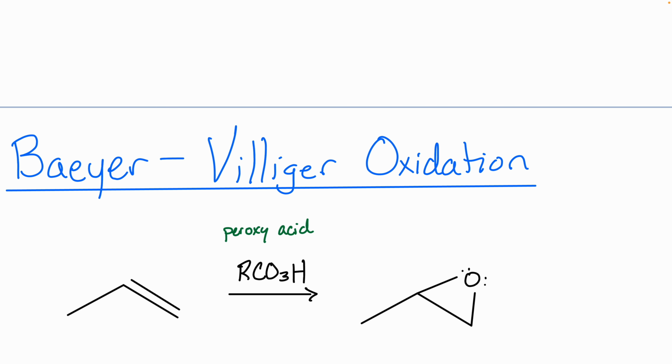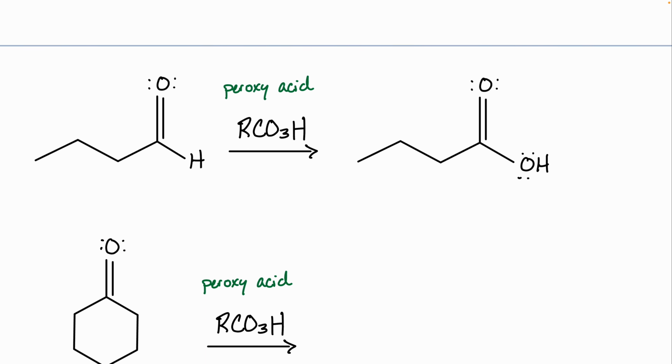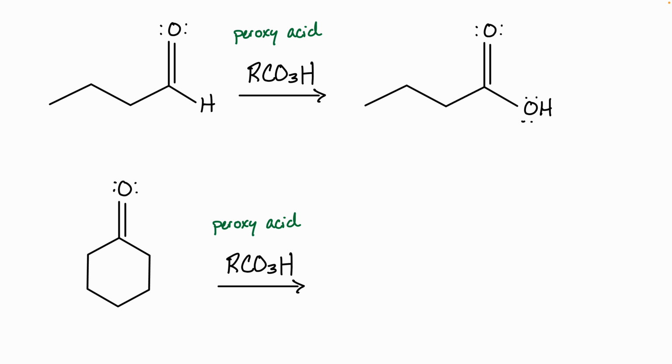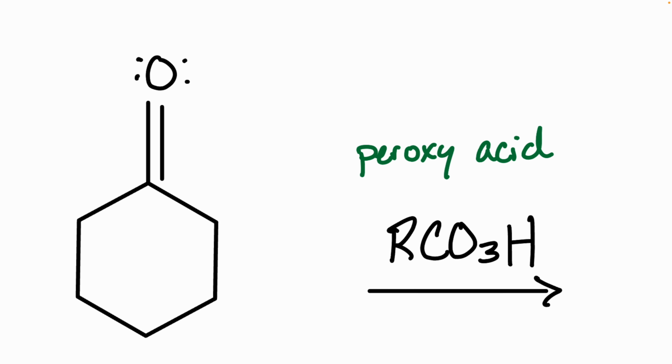It's another method of oxidizing our aldehydes and ketones. Okay, so then this one's super weird, all right? But following this same logic, we need to insert an oxygen between this carbon and this carbon, all right?